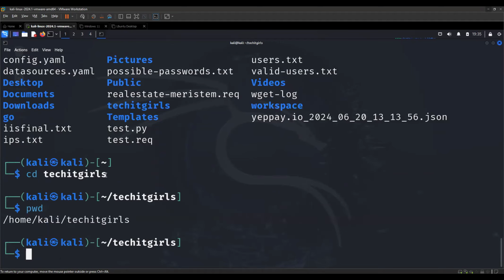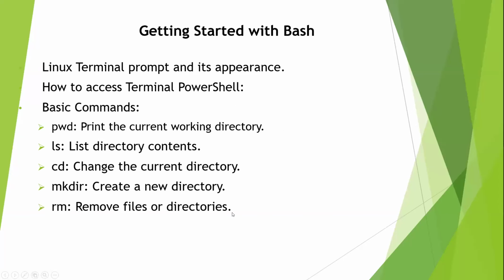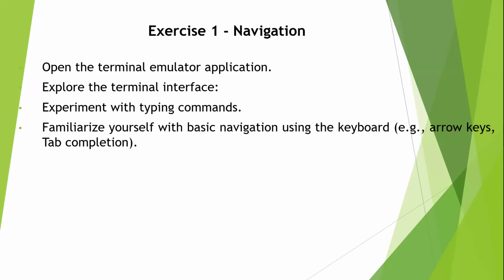So to create a new directory in Linux, you can use the mkdir command. And the other command you can use is the rm command, which is to remove files or directories. We're going to talk about that more in a minute. So I'm just going to move on to the next slide now.